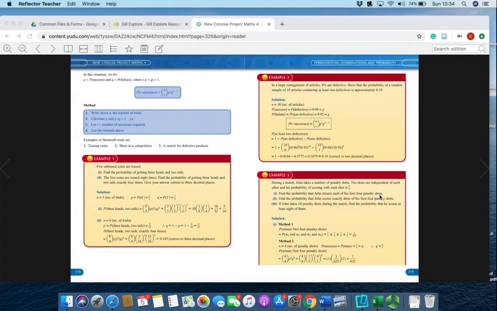Okay, again, let me just take this down. The shots are independent, so the probability of scoring is 4 over 5. Therefore, the probability of not scoring is 1 over 5. Part 1, John misses each of his first 4 shots.